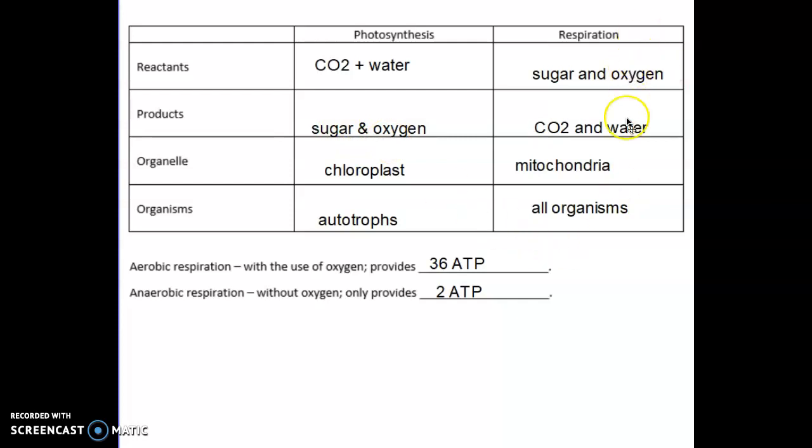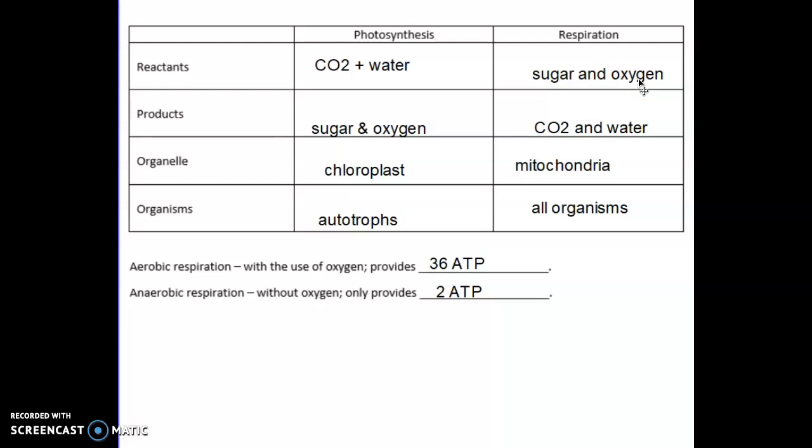Now, respiration, on the other hand, happens in the mitochondria, so it is the exact opposite. If you guys know this formula, then all you have to do is switch it around and you have respiration. So you have to take in sugar and oxygen. Even if you don't eat sugar, your body breaks everything down to glucose, okay? And you need oxygen, obviously.